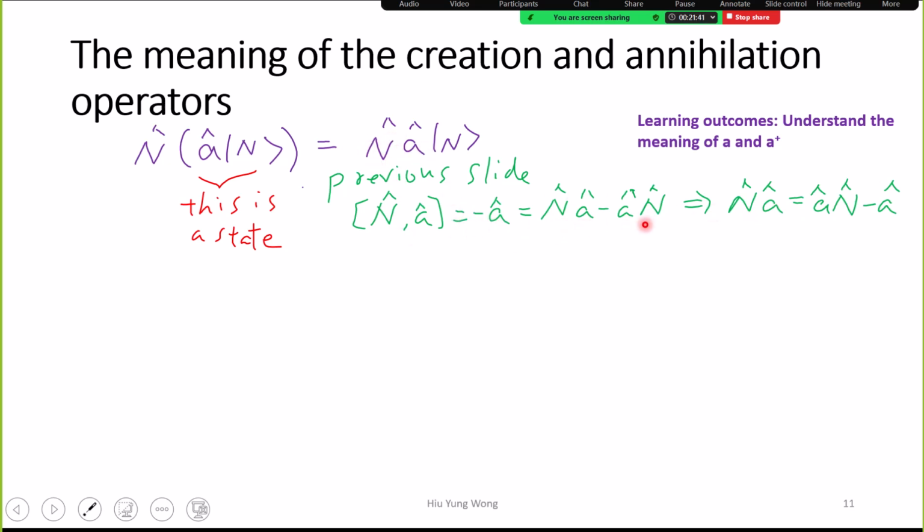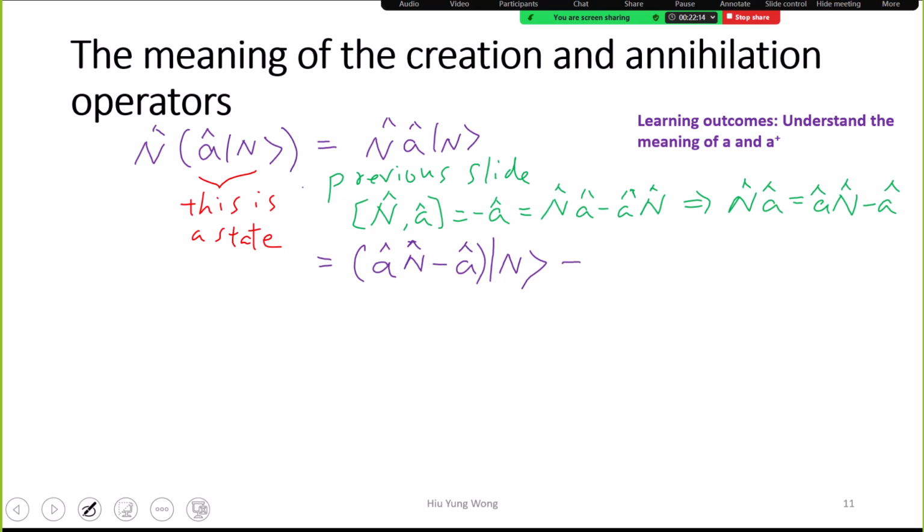This one is NA minus AN for the commutator, so NA of course equals AN minus A. So with this, this is equal to AN minus A applied to N. For this one, I plug in NA equals AN minus A.